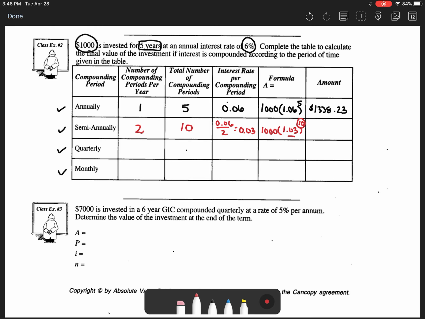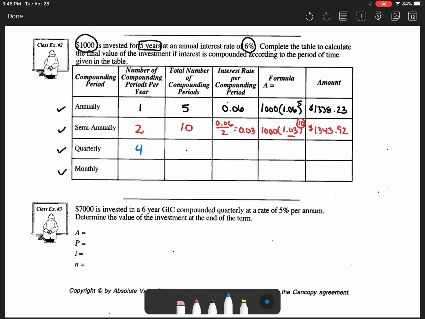My investment is still $1,000, but now the 1 plus I is going to be 1.03, and the number of interest periods is 10. So that's what I was talking about: the value of I and the value of N are going to be changing quite often. When I do that calculation, 1.03 to the exponent of 10, and then multiply by the $1,000, that's $1,343.23.